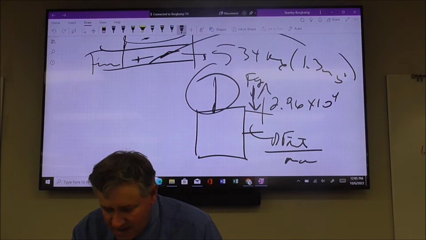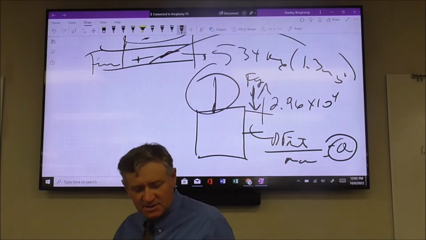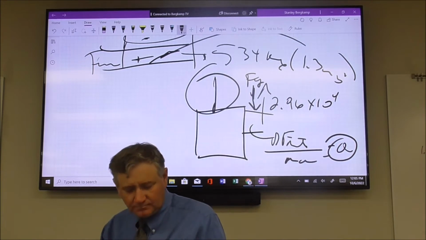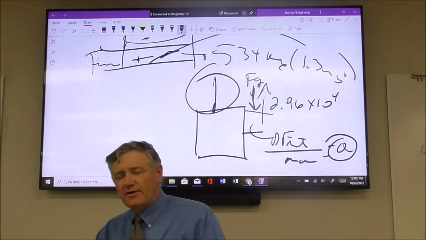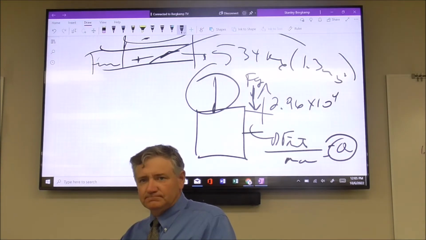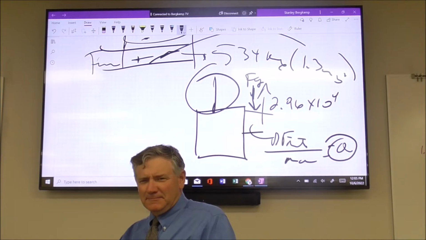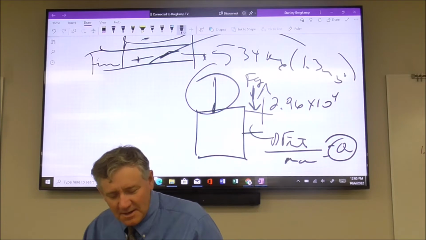Divide that by the mass. There's your acceleration. So your acceleration on number 12 should be between like 4 and 6 meters per second squared.